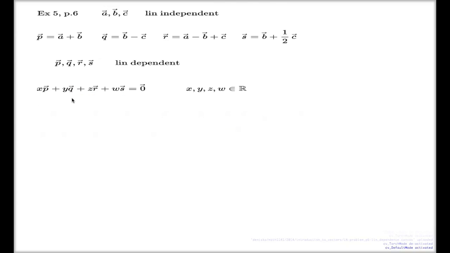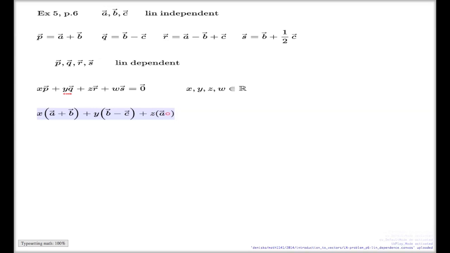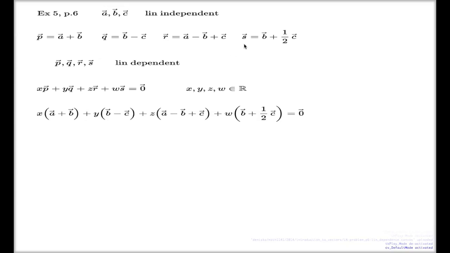Here's my substitution: x times (A plus B), that's the substitution for P. Then goes y times (B take C), that's for Q. Then goes z times (A take B plus C), that's for R. And then goes w times the vector for S, which is B plus 1/2 of C. Nothing serious happened here. We just did a regular substitution.